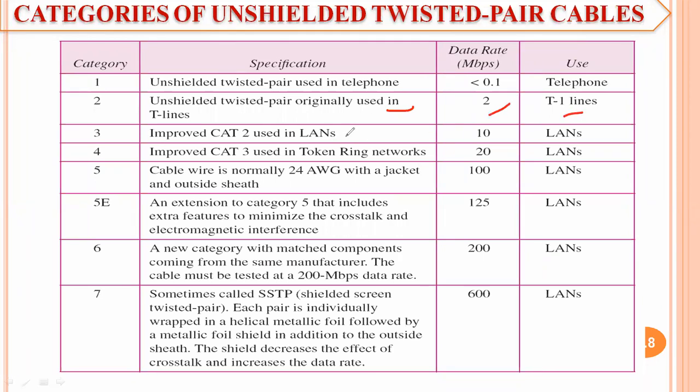Then this is the improved Cat2, and these speeds are used in local area networks. So these are all the types of unshielded twisted pair cables.